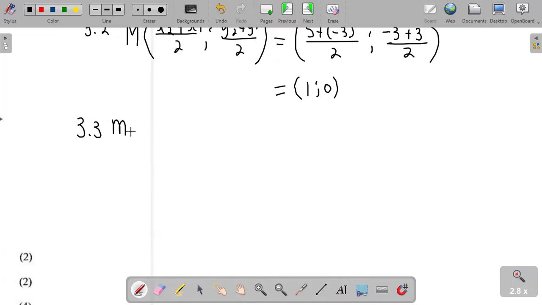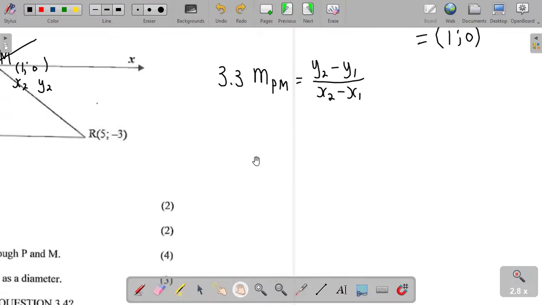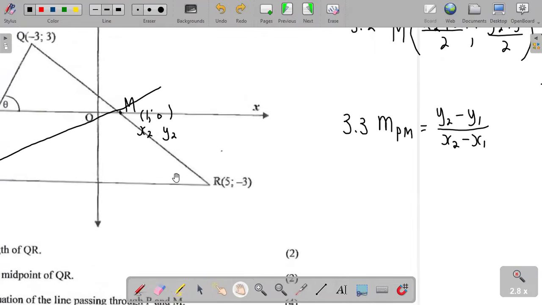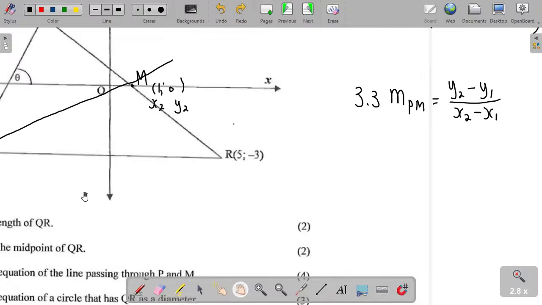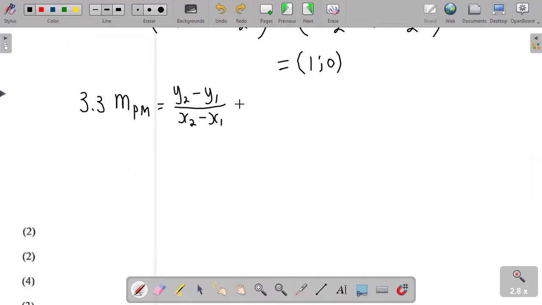So then the gradient for PM will be equal to y2 minus y1 divided by x2 minus x1. So then we substitute the values. y2 minus y1 is going to be 0 minus -3.